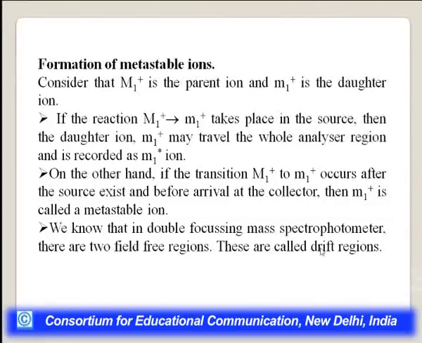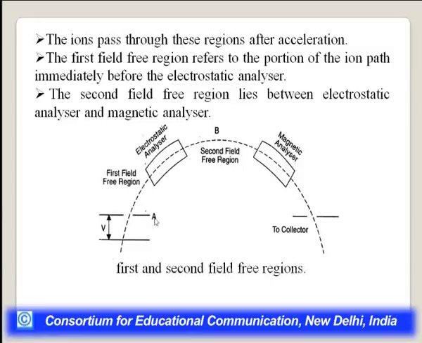These regions are called drift regions. Here you can see the graphical representation. This is slit A, slit B. This is the first region before the electrostatic analyzer, and before the magnetic analyzer you can see this is the second field free region, and here you can see this is the collector.